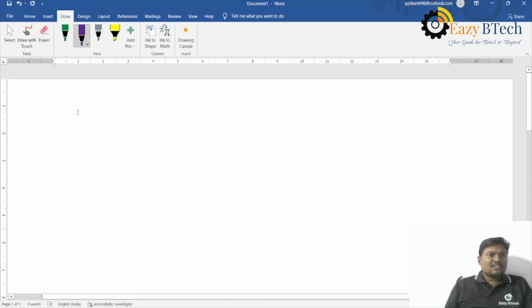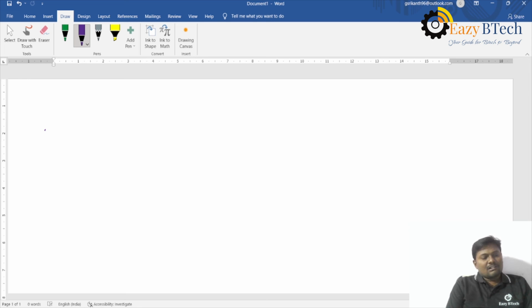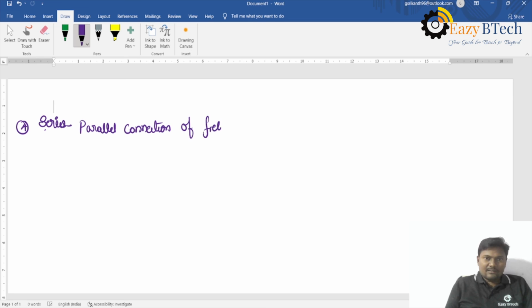One more method is there. We discussed field diverter control, armature diverter control, and tapped field control. The next method is series and parallel connection of field.